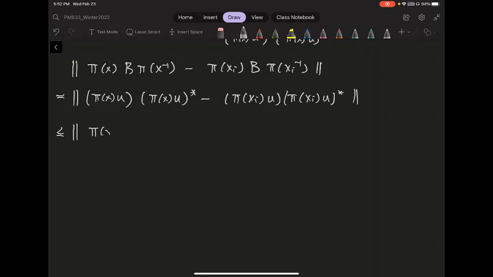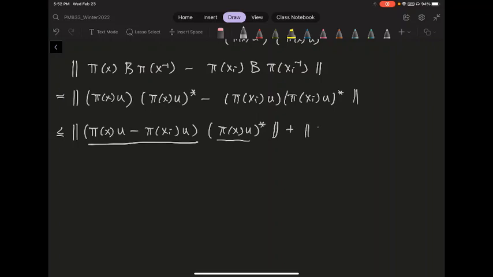So first of all, you say, well, this is π(x)u minus π(ξ)u, the whole thing, times π(x)u, the whole thing star. So this is the one that does the inner product with π(x)u, and then you move it to the range of this vector. But you do the other way, okay?